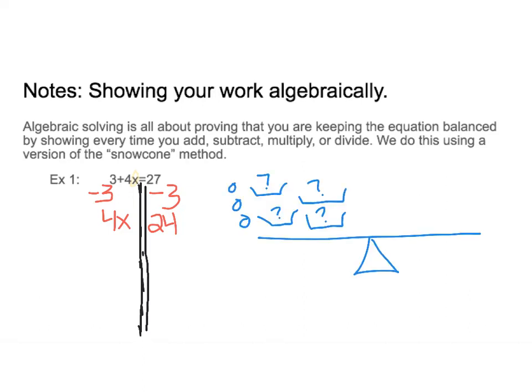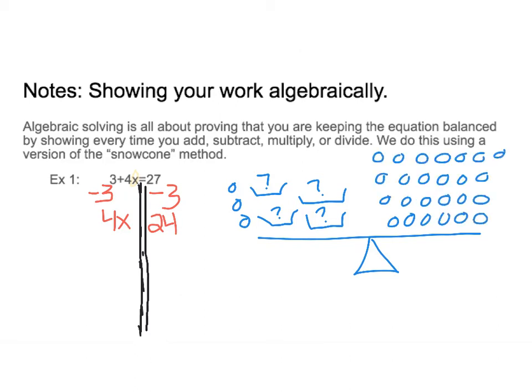So remember, what's going on here is that we have 4 unknowns and 3 ones on one side, and then we have 27 ones on the other. So when I take away 3 from both sides, I'm getting rid of these, and getting rid of 3 on the other side, leaving me with 24 on one side and 4x on the other.